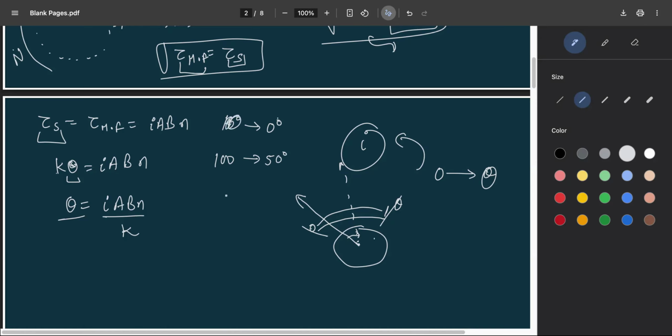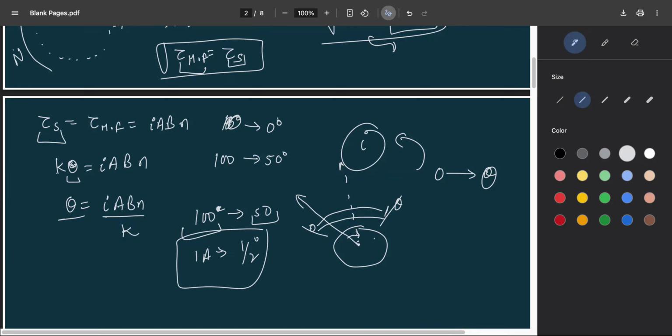Suppose for 100 ampere of current, it is going to rotate by 50 degrees. It means if you provide 1 ampere of current, this is going to rotate by 1 by 2 degree. Is that clear? That's how we generally make this kind of instrument.